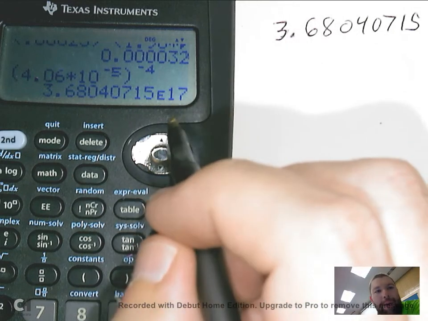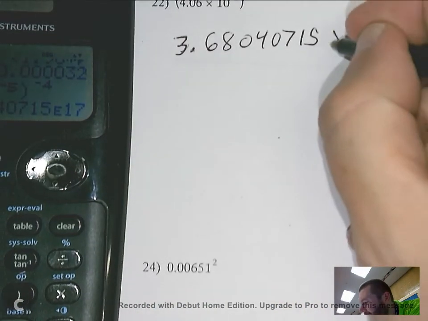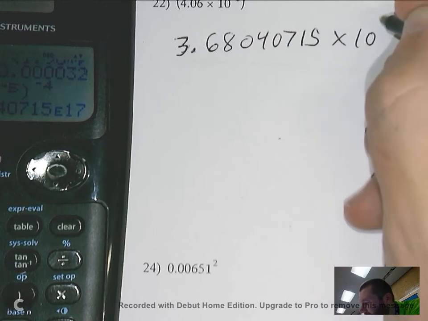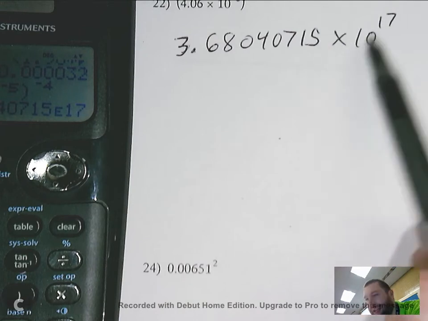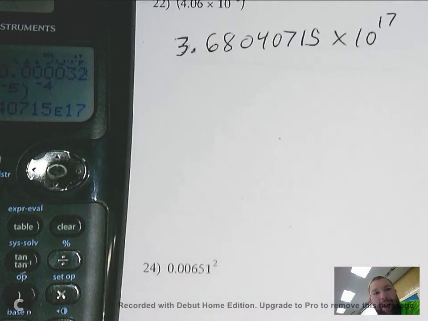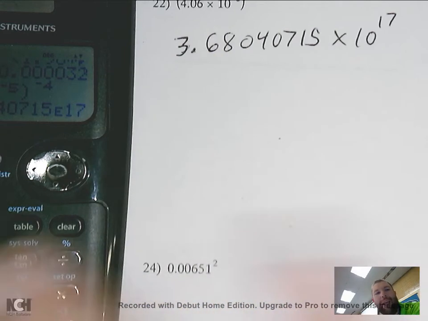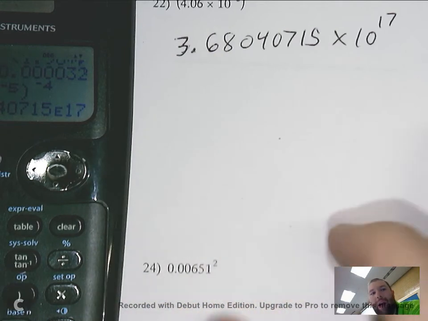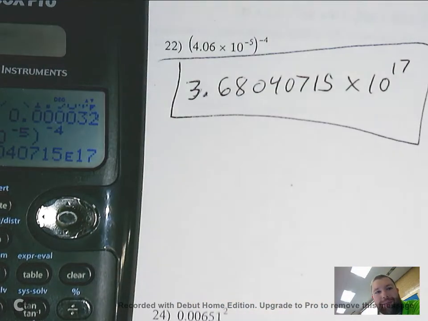And then instead of writing E17, we're going to write times 10 to the 17th power. That's what E17 means. It means times 10 to the 17th power. And all that does is it moves this decimal 17 spots to the right. Again, we'll go over that more tomorrow, but that would be my answer right there.